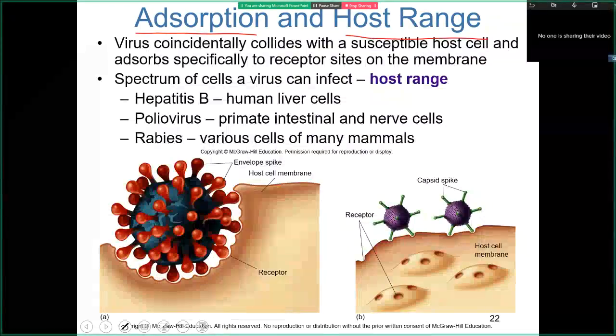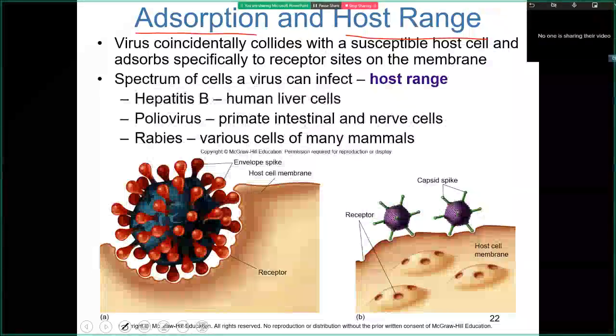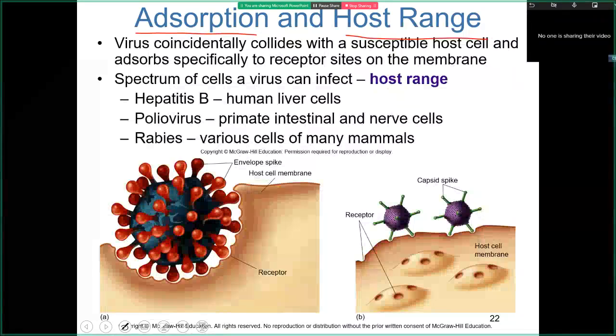There's this term here, host range. If there are spikes, fibers, any molecule that they have on the outside with which they can attach to a host cell, if they're real specific for a particular set of receptors, the host range is going to be narrow.